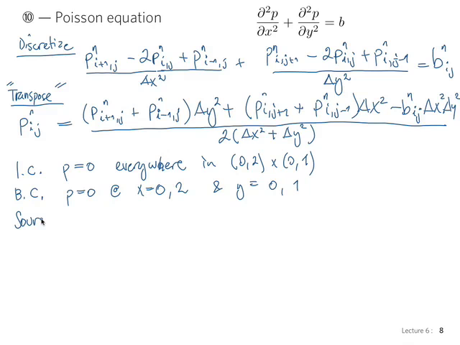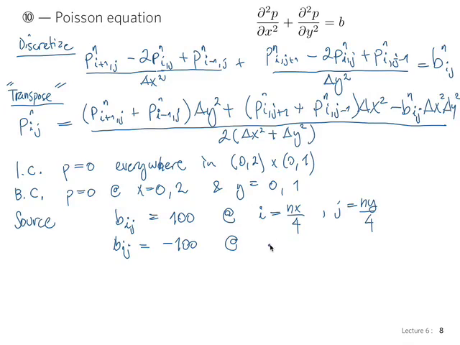And we have a source term now, which is going to be 2 spikes. b i j equal to 100 at this point of the mesh where i is equal to the number of points in x divided by 4, and the j index is the number of points in y divided by 4. b i j is going to be minus 100 at this other point here, 3/4 in x, j equals 3/4 in y.